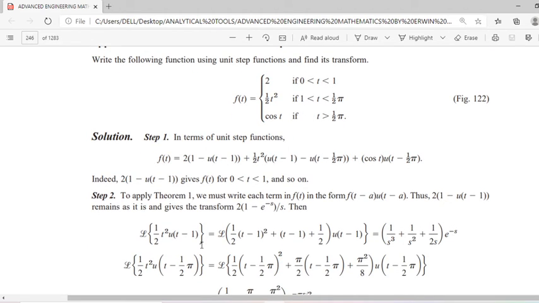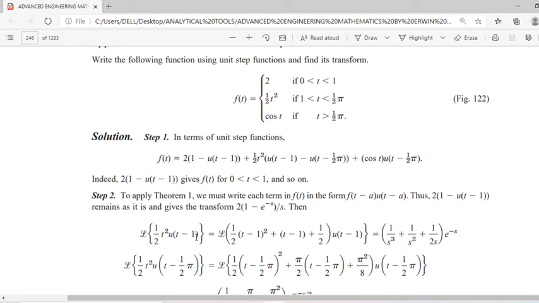Now we can apply the shifting theorem. First of all, we have to find the Laplace transformation of each and every term. Take the first term, and then the second term: L of 1 by 2 into t square u of t minus 1.